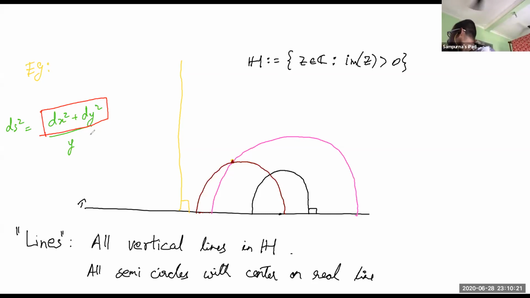The inner product is 1 by y squared. But I forget what happens. I'll just check it and make sure I'm correct next time. Okay. Yeah, it's 1 by y squared. ds squared equals dx squared plus dy squared by y squared. Okay, I think I was thinking about ds.